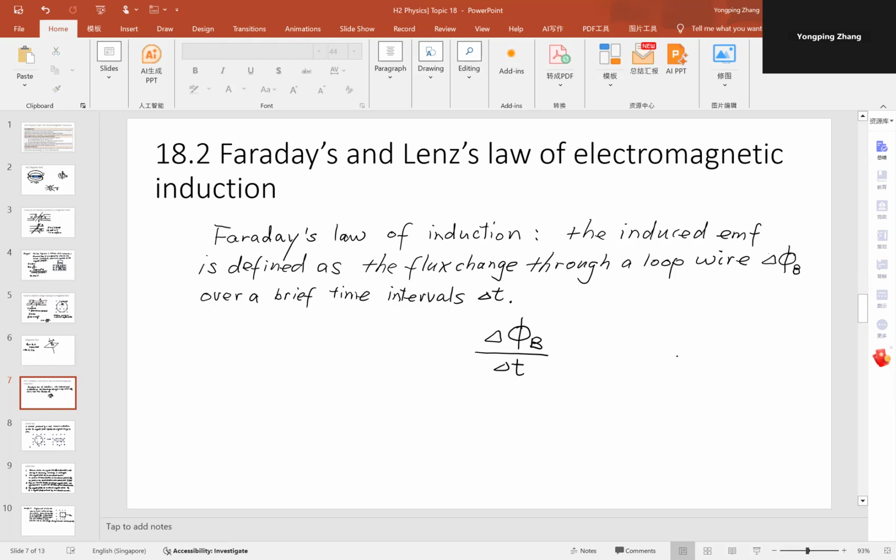The induced EMF equals this. This is Faraday's law, and this is the minus sign. The minus sign reminds us that the direction of the induced EMF opposes the original change of the flux.